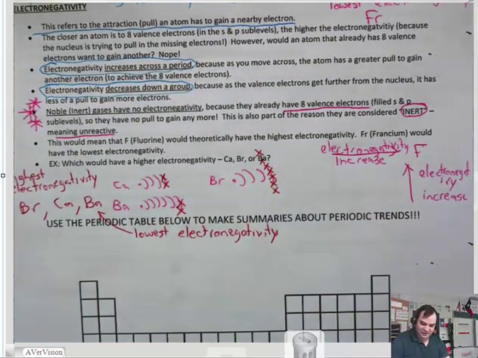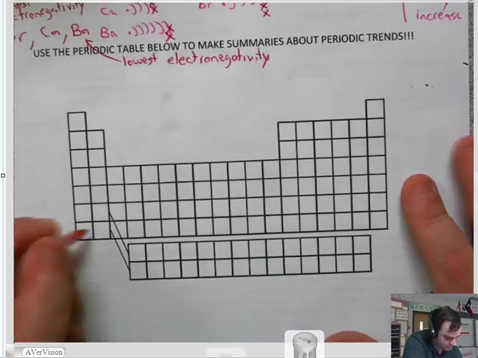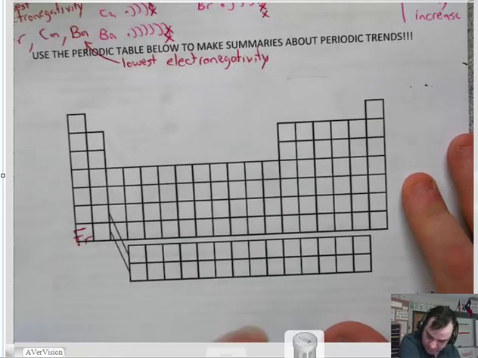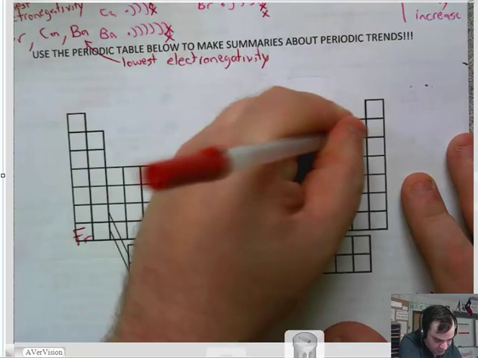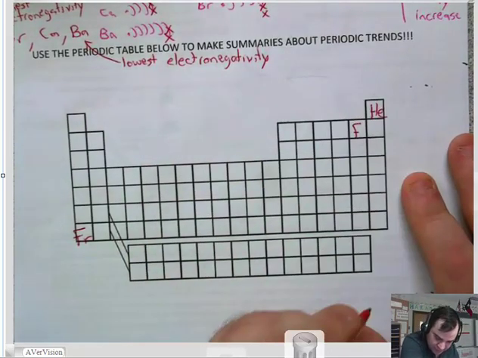So to summarize the periodic trends here, we have a periodic table here. This is francium, this is fluorine, and this is helium. Okay?